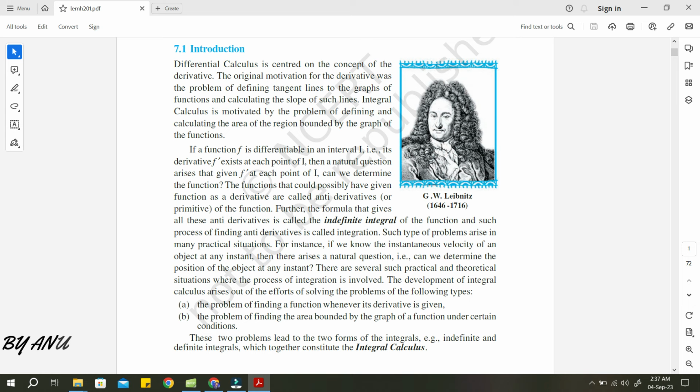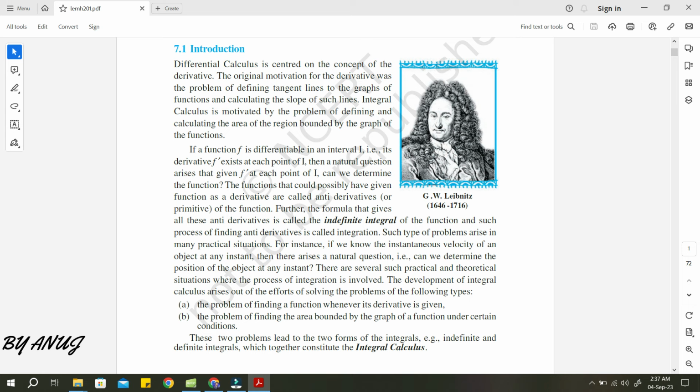So why do we need to do the derivatives of a function? The motive was very simple. We used to define tangent lines to the graph of the function, and we need to calculate the slope of such lines.